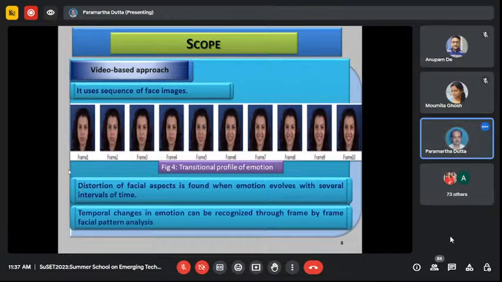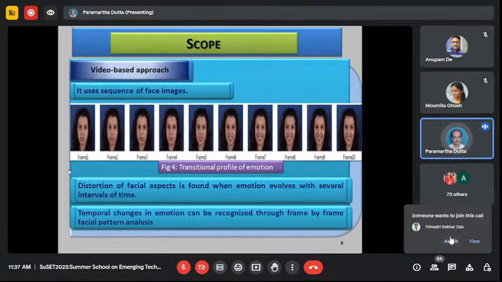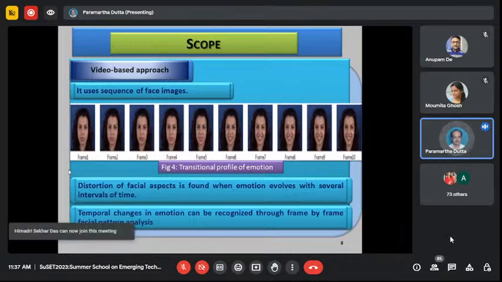So distortion of facial aspects is found when emotion evolves over several intervals of time. Naturally, if we look at the sequence of images represented here, we definitely appreciate that there is a gradual distortion of facial aspects, or facial geometry, better to say, because eventually we try to exploit the essence of mathematics associated with geometry to overcome this challenge.